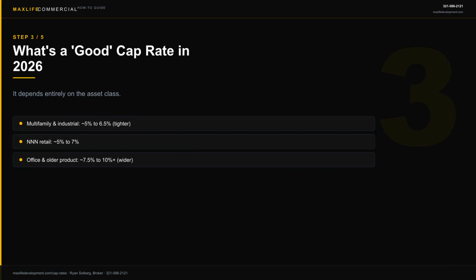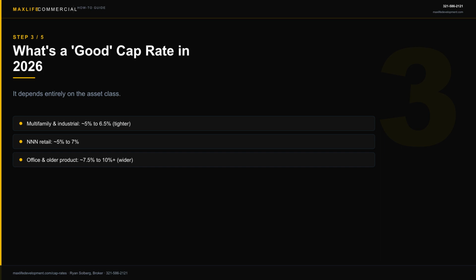Triple net retail with strong tenants runs about 5 to 7%. Then it widens. Strip centers push into the high 6s and 7s. And office, especially older value-add product, can run 7.5 to well over 10%. A lower cap is not better, and a higher cap is not better. Each one is the market pricing the risk of that specific asset.